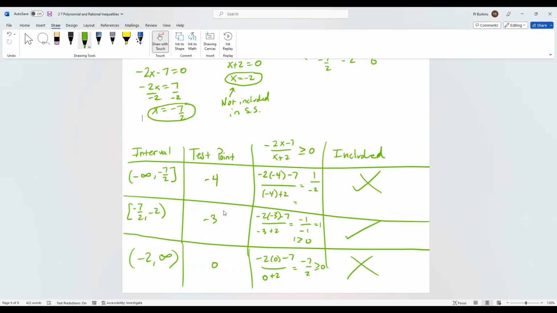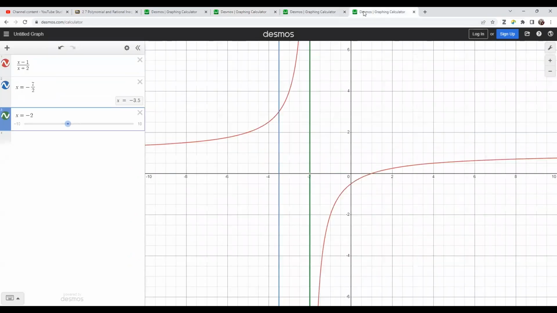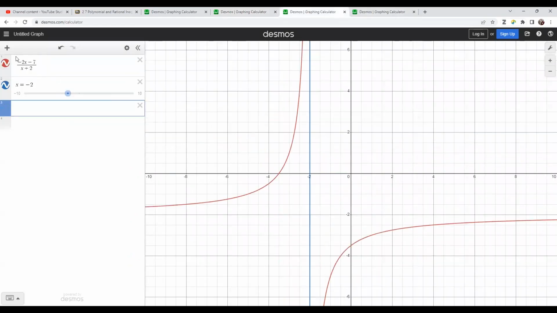So another important thing to note here is we can do this two different ways, right? We changed the initial problem into this inequality. So I went ahead and plotted this, which is, I believe, right here. Oh, sorry, right here. So this is the inequality that we just studied. X equals negative 2 is one of our asymptotes. And the question was, is this inequality greater than 0? And if so, where?